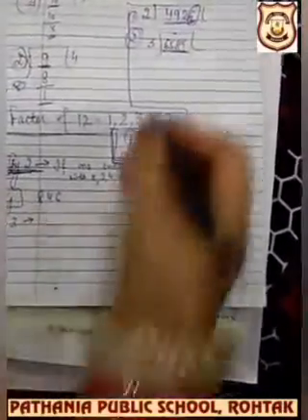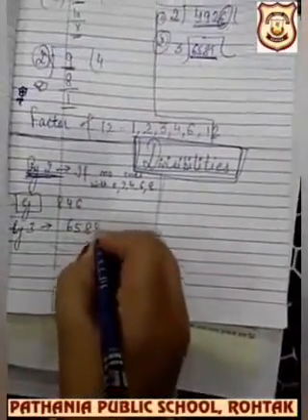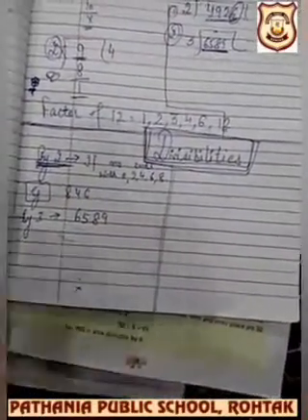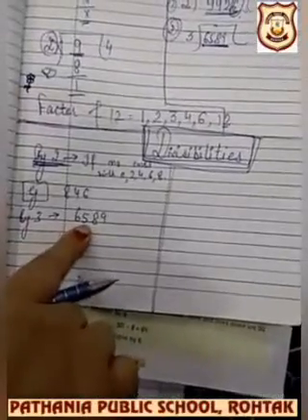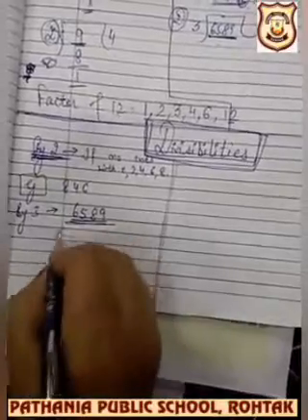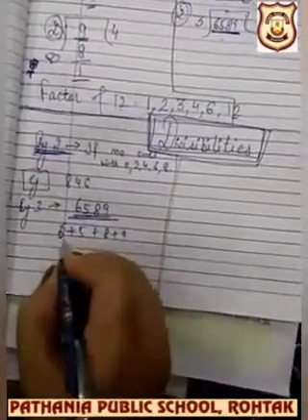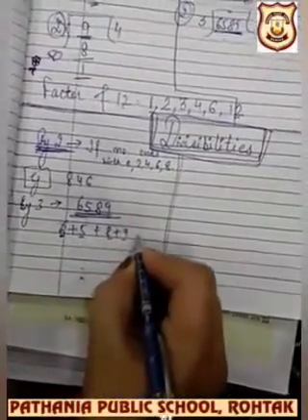For example, the same example I am taking, 6589. If you have to tell whether the number is divisible by 3 or not, you will add all these digits. That is 6 plus 5 plus 8 plus 9.